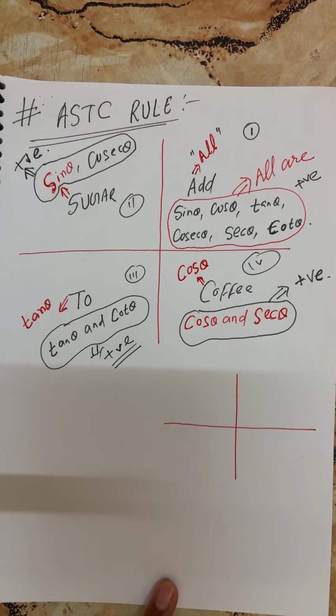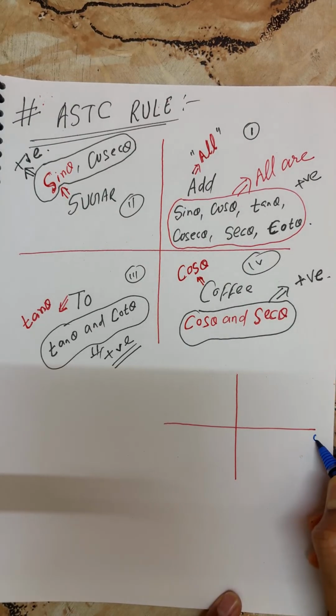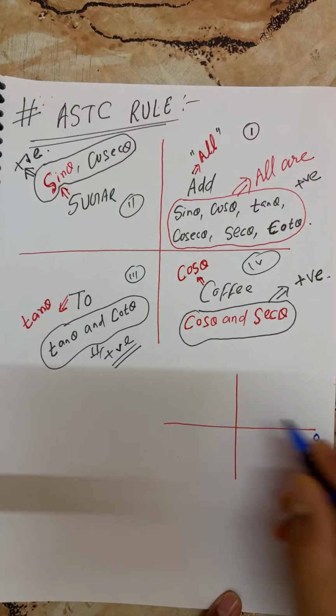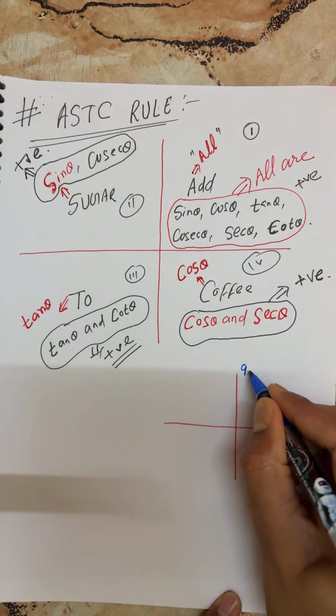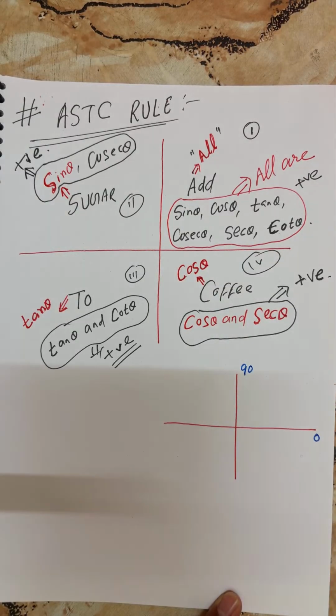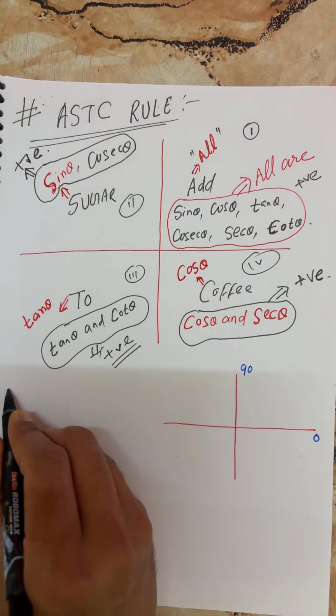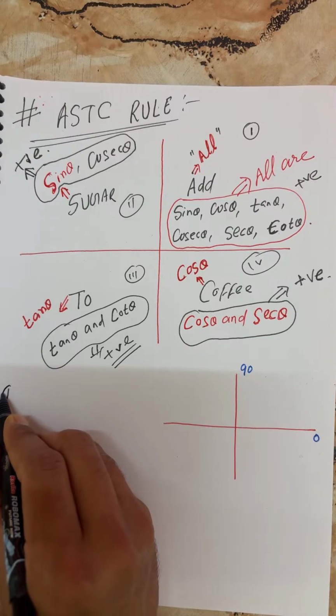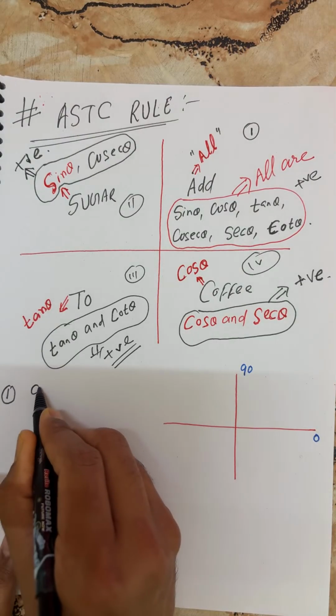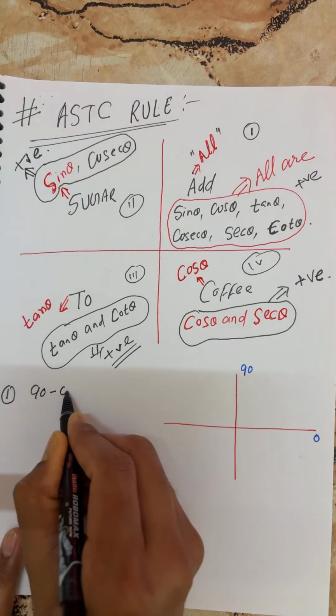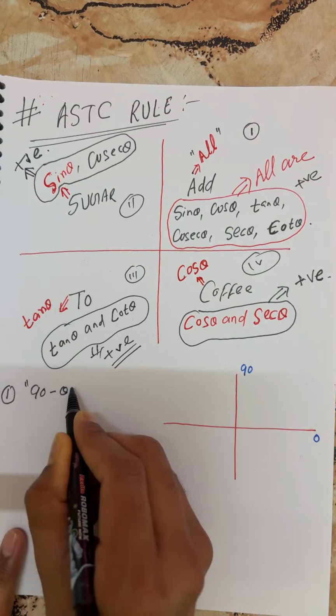First, I'll discuss this: this is 0 degree, and this is 90 degree. Okay, fine, 0 to 90 degree. So what is the first thing here I wanted to discuss? 90 degree minus theta.